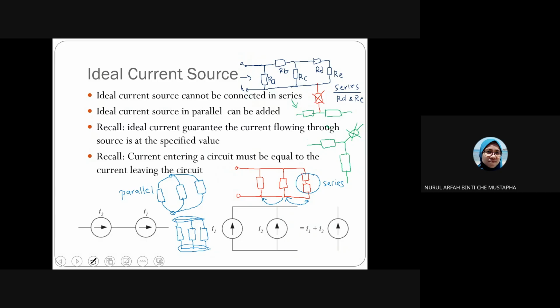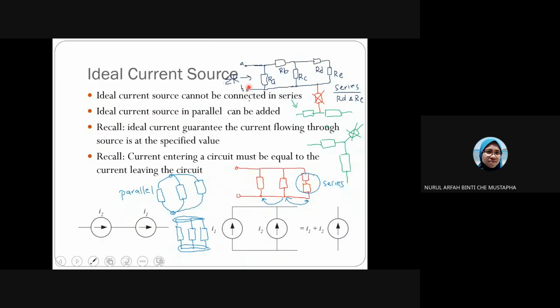Even though there are exactly this, because we are looking from this side here.